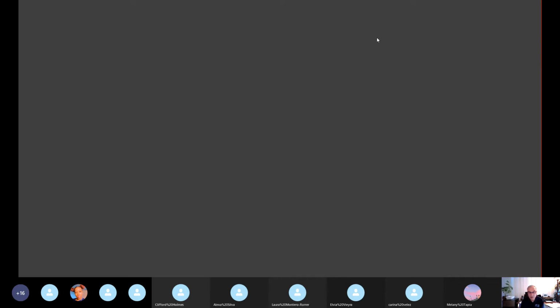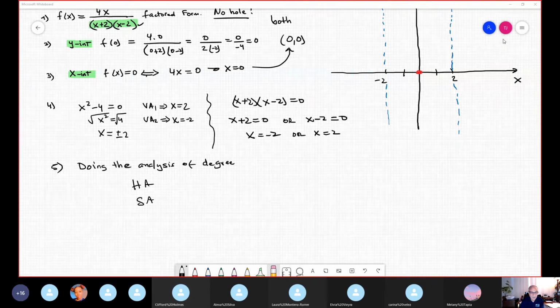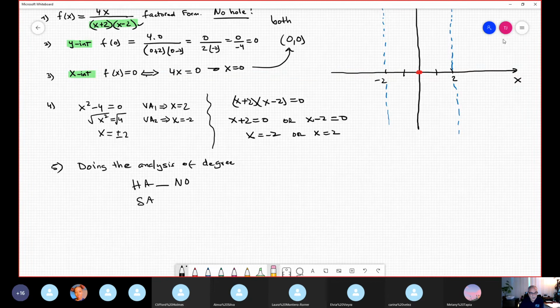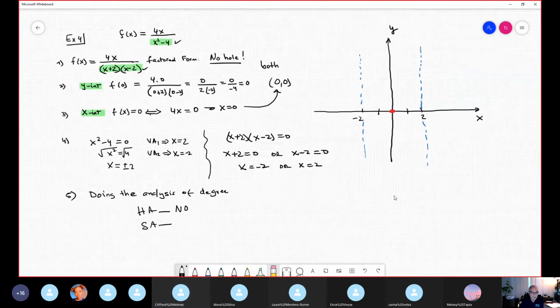You are students, you make a mistake, no problem. Is it no horizontal or slant? No horizontal, he said. Everyone agree or disagree? And slant? Yes. You are wrong.